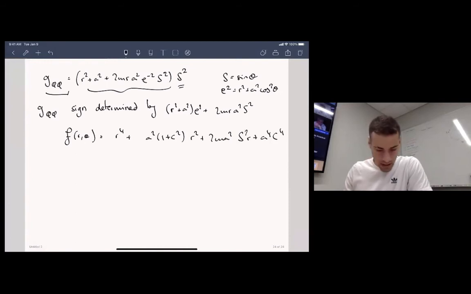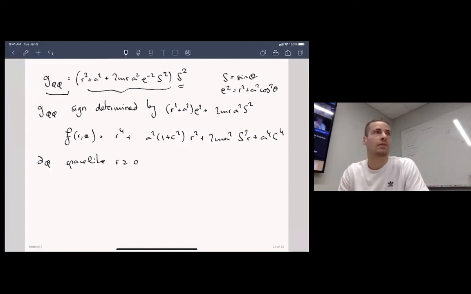Okay, so this is what determines whether this is space-like, or r is positive, because every term in this equation is positive, right? It's just a bunch of quadratics and quartics.